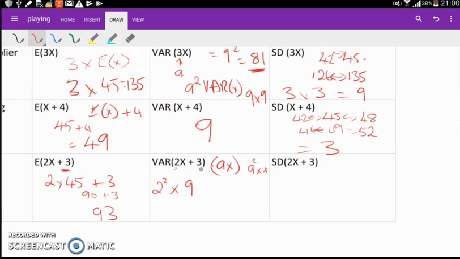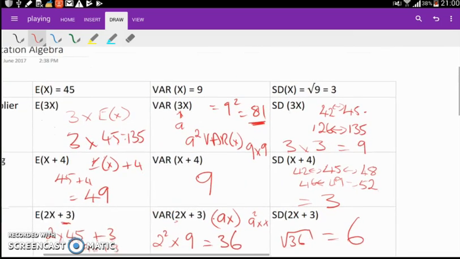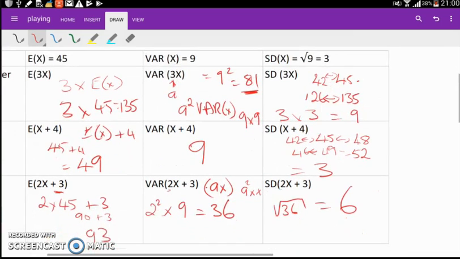Adding or subtracting does not make the spread any more spread or less spread. It stays the same. So we've got here 4 times 9, 36. So our variance has increased to 36. Our standard deviation is the square root of variance. Our standard deviation is 6. Okay, so in this example, yes, it is just 2 times the standard deviation. But like I said before, let's always work with the variance, because in the next example, you must work with the variance.